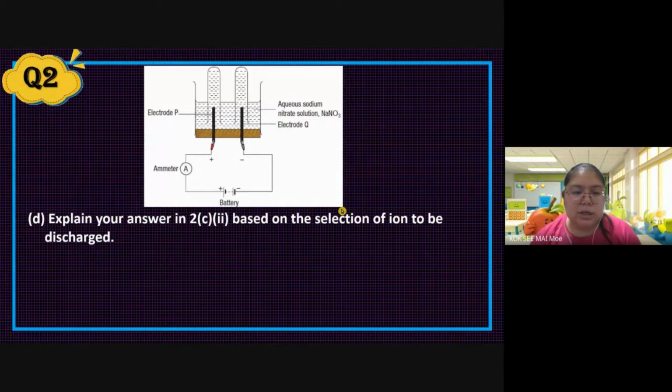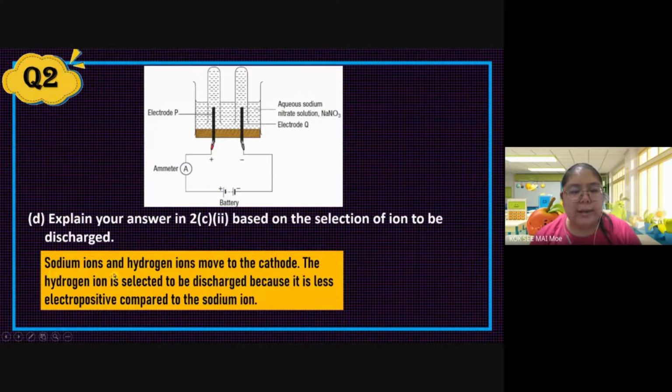The answer: sodium ions and hydrogen ions move to the cathode. The hydrogen ion will be selected to be discharged because it is less electropositive than sodium. Remember the arrangement; sodium is near the top, and hydrogen is lower. So we choose hydrogen to be discharged.